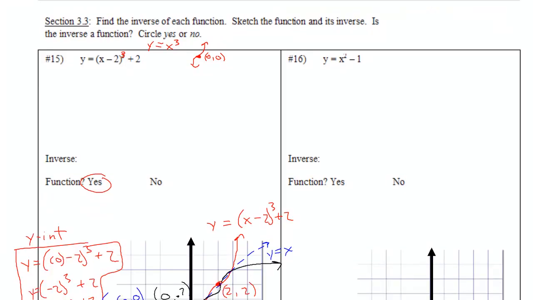y equals x. To find the inverse, replace x with y and y with x. Get y by itself.